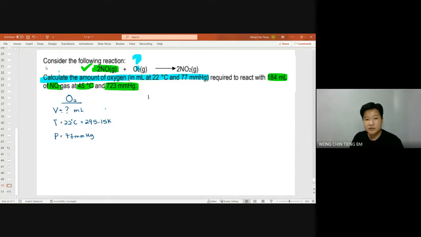Next, we have nitrogen monoxide. The volume given is 184 milliliter.